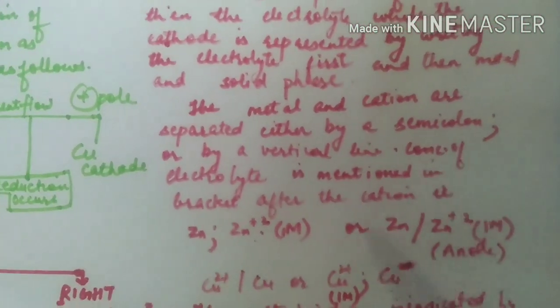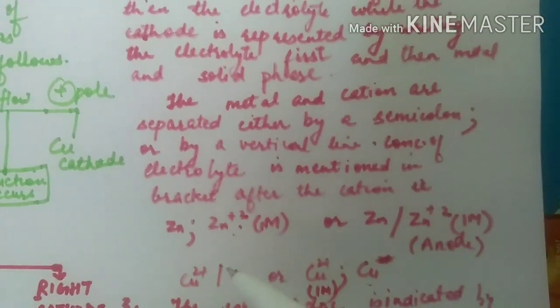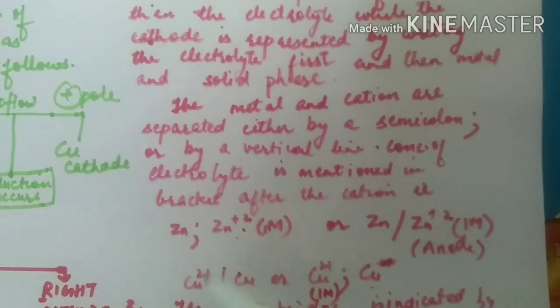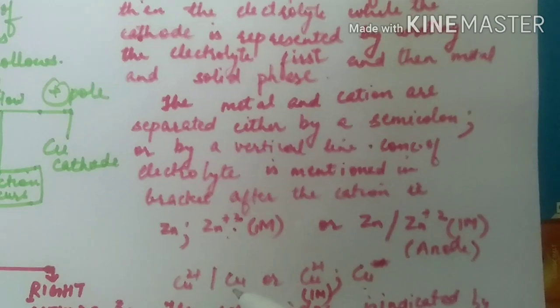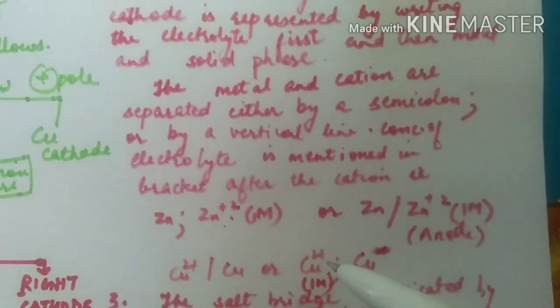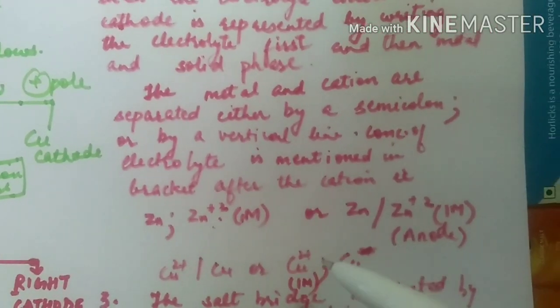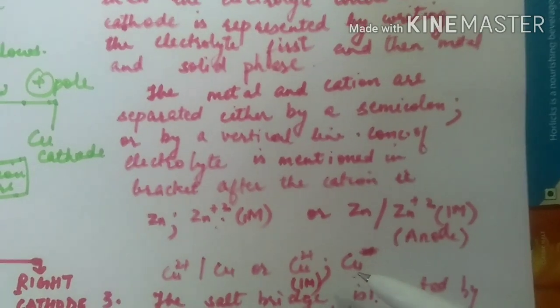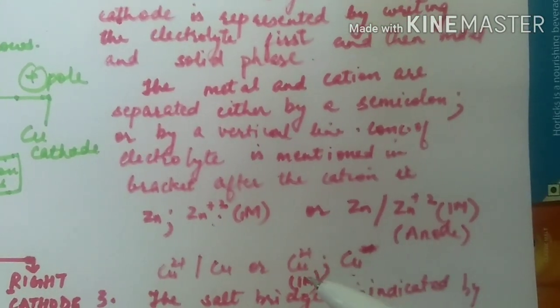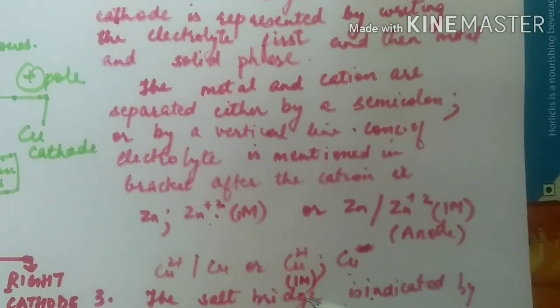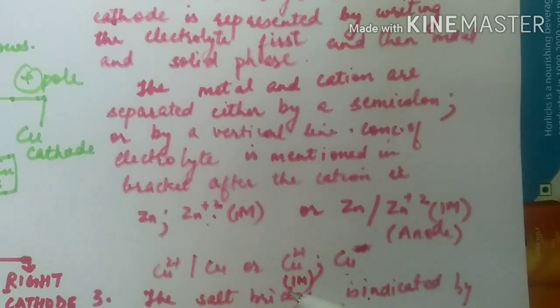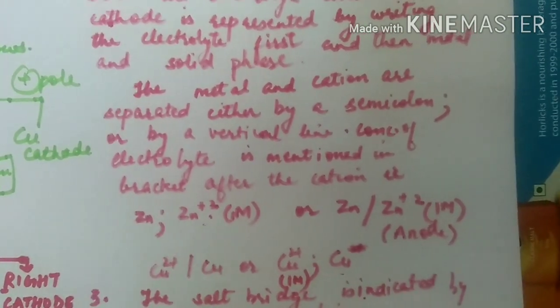On the other hand, cathode is represented by writing the ions first, then a vertical line, and then the metal, or ions and semicolon and the metal. You can also write the concentration of the ions by writing it in brackets.